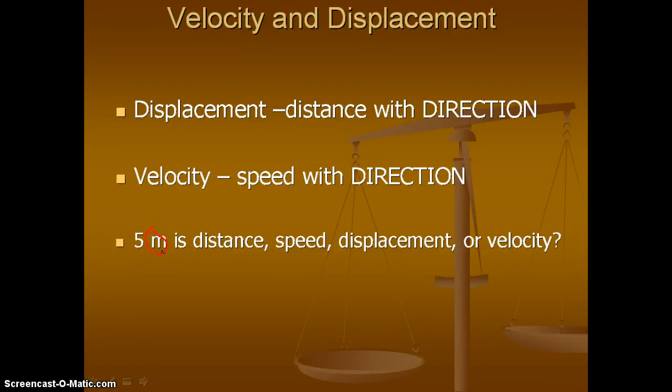So meters. First, does that refer to distance or speed? Well, that refers to distance. For it to be speed, it would have to have a time unit, and this one does not. So now we have to decide, is it distance or displacement? Well, there's no direction given, so it has to be distance.